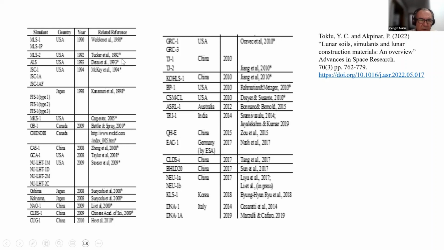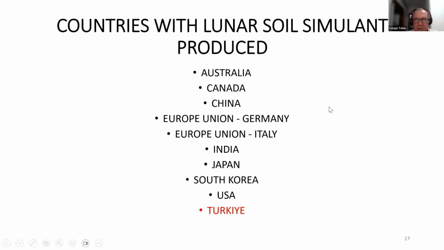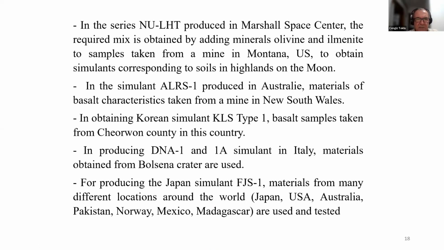Here we have a list of lunar soil simulants which have been produced until very recently. You see that there are many countries here, and many different types of soils produced. This table is also taken from that publication. The countries which have produced soil simulants until now were Australia, Canada, China, Germany and Italy in the European Union, India, Japan, South Korea, USA, and lastly, we have done it in the last years.